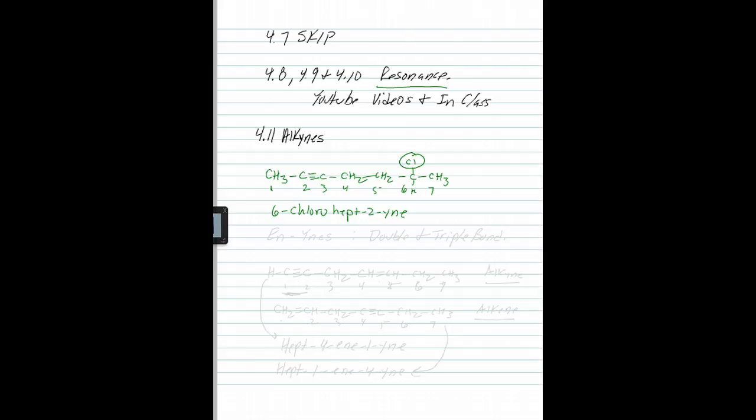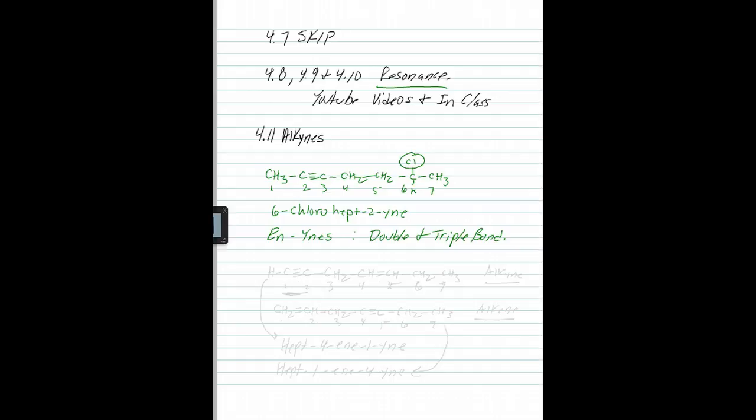There's one new concept I want to talk about, and that's what are called enynes. What is an enyne? I think you can probably figure out what an enyne is. It is a compound that has a double and a triple bond. Now, there are three possible things you can do with an enyne as far as naming them.